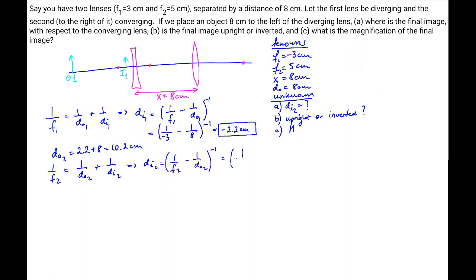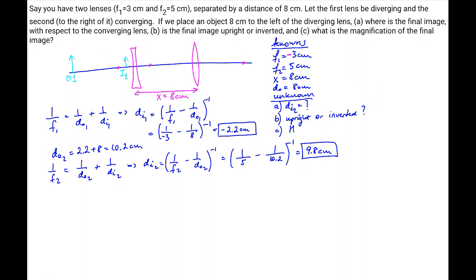So that is 1 over focal length 2, which is positive 5, minus 1 over do2, which is 10.2, to the negative 1. And when we plug in the numbers, we get 9.8 centimeters. Kind of strange to write 9.8 centimeters instead of 9.8 meters per second squared. But there we have it.